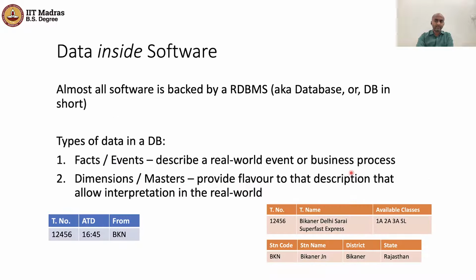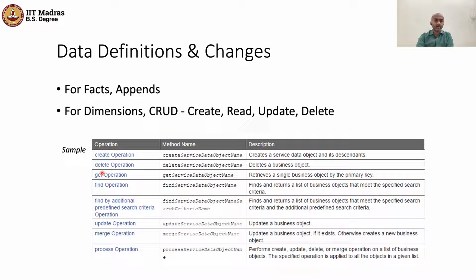So for instance, I could make the primary key in this specific stations table the station code column, so that even though the stations table might have like 100,000 or 1 lakh stations, if I'm looking for BKN as the specific station of interest, I could do a query on top of this table and say station code equals BKN. Then that query becomes a get query because I'm looking for one specific value based on the primary key.